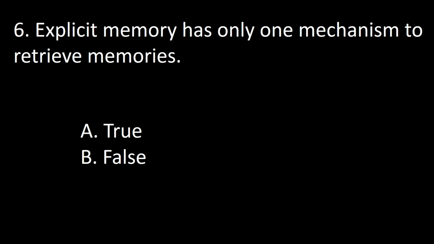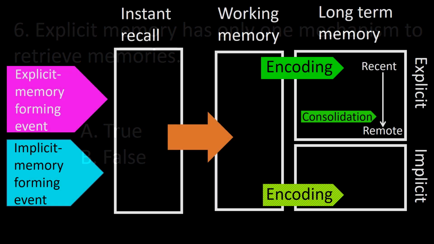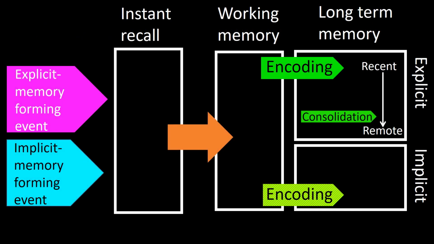Next question. Explicit memory has only one mechanism to retrieve memories. A, true; B, false. So again, I have now introduced the memory model as we left it after the last question. I want to call your attention to the explicit memory box.